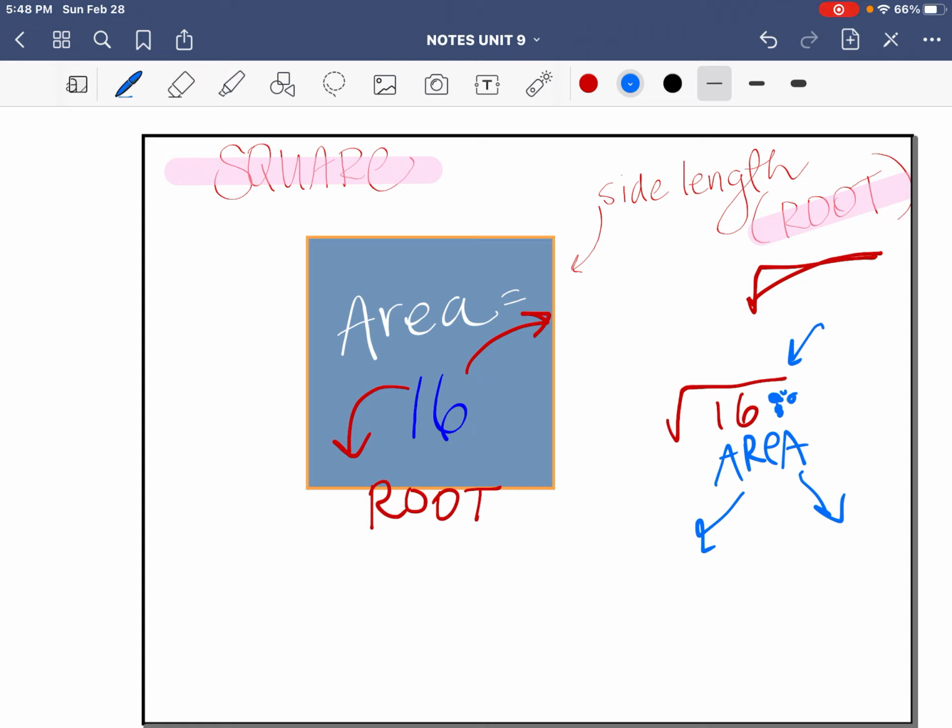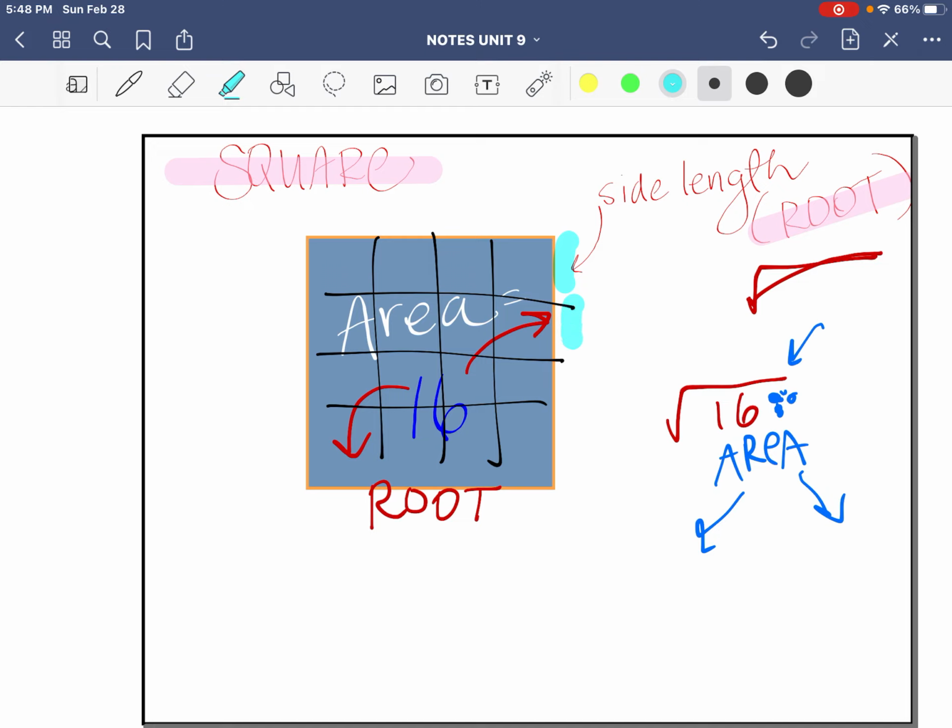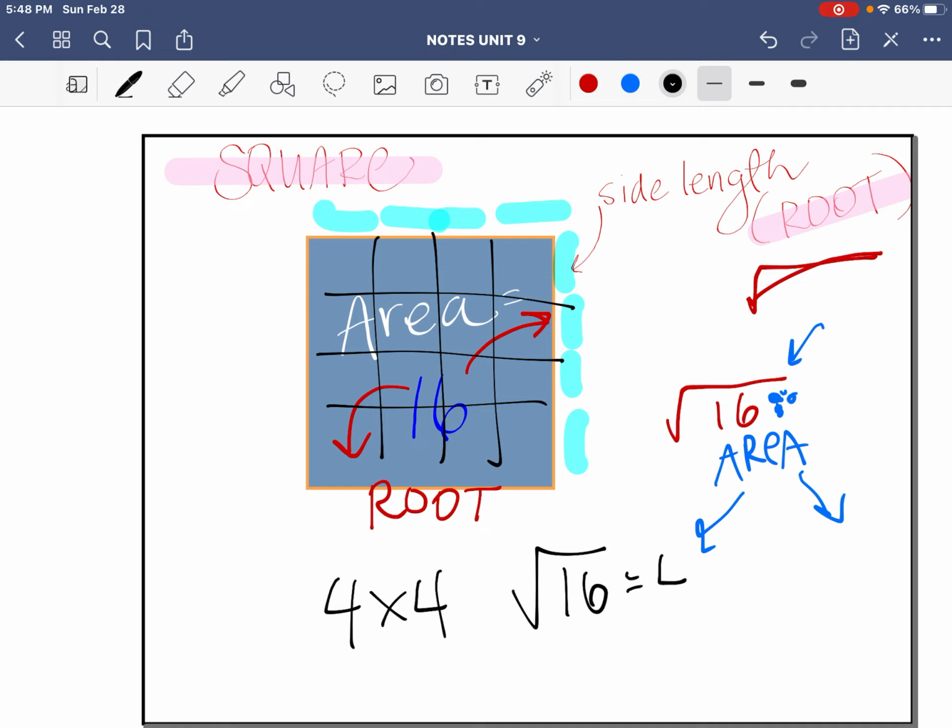Now, if we look at this as a picture, with 16 bricks, it looks like this. And it's easy to tell that each of the sides is going to be 4 by 4. So the square root of 16 is 4. Each of the sides of a square are 4.